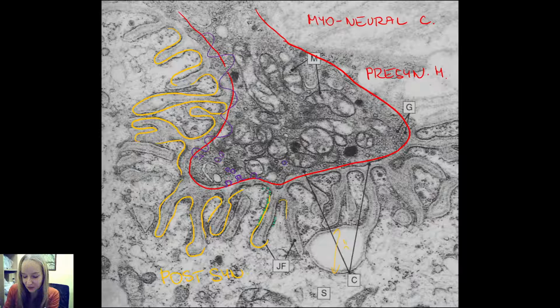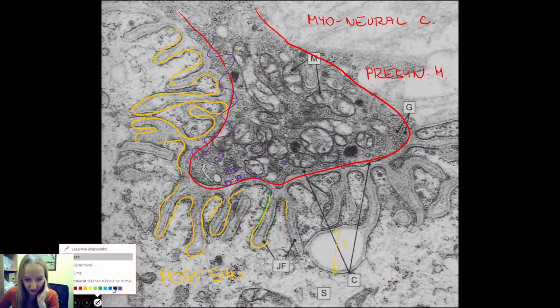It needs to be somehow destroyed, or there needs to be some kind of enzyme which is going to tell it stop, no more acetylcholine here, which is going to cleave the acetylcholine. This enzyme is called acetylcholine esterase, which is here in this cleft right here, the synaptic cleft.